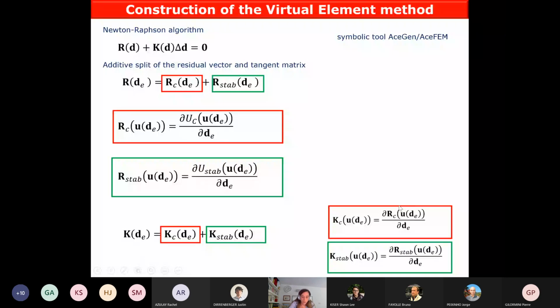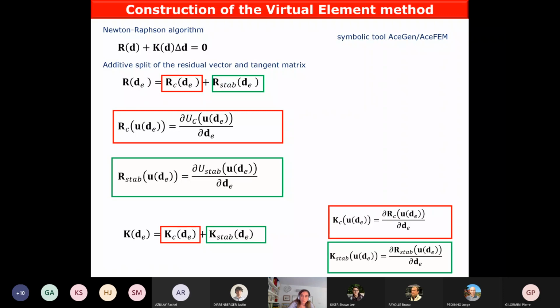Analogously, by differentiating the residuals with respect to the displacement field, it is possible to attain the two contributions for the consistency and the stabilization part of the stiffness matrix. All this is done exploiting the symbolic tool AceGen, AceFEM that enables automatic differentiation schemes.